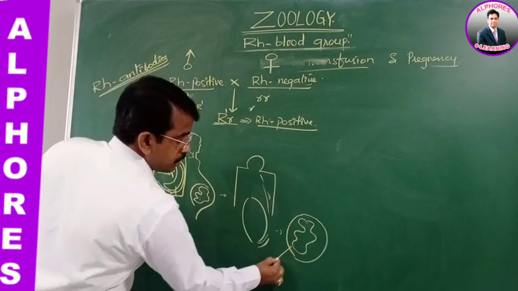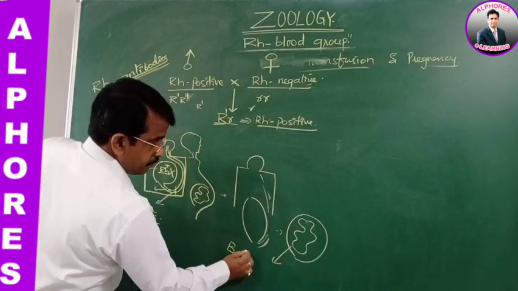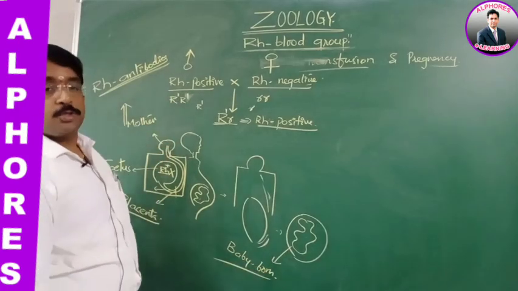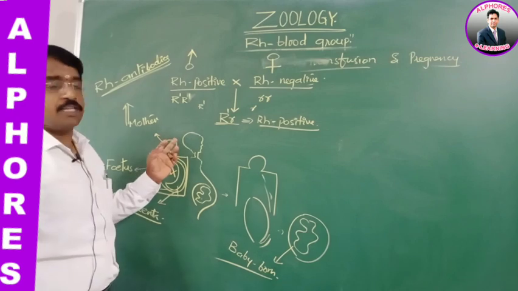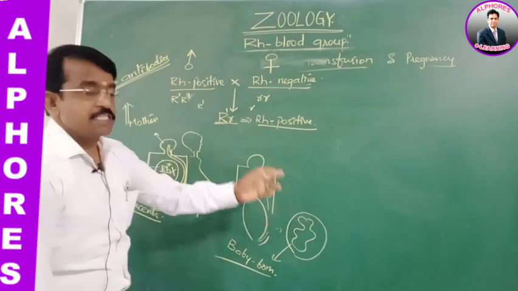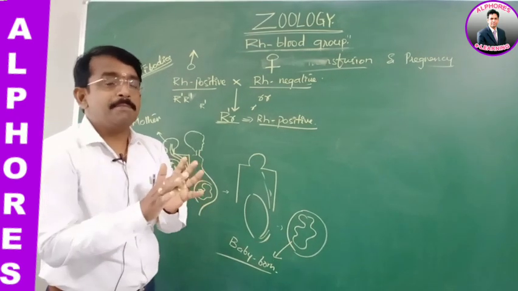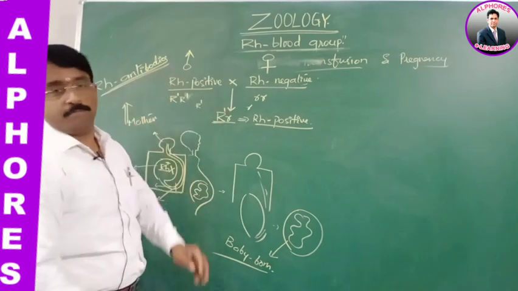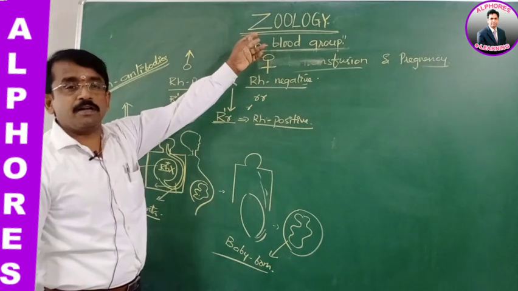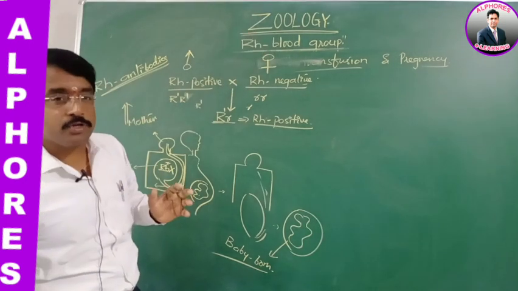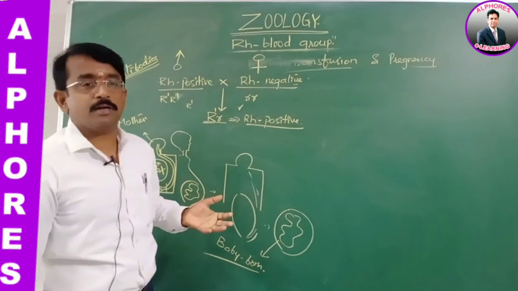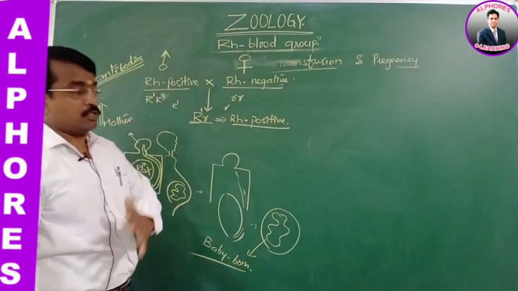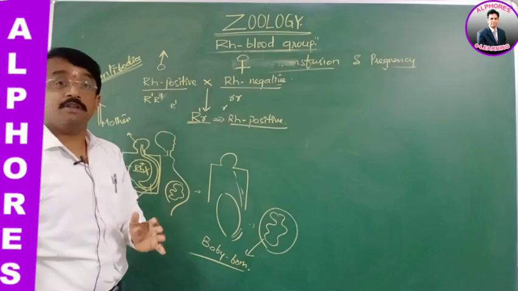The baby born. So before the sensitization of the mother's immune system, the first baby is born. So the first baby is Rh positive but harmless. As we have seen earlier in the case of blood transfusion, the first exposure to Rh antigen is harmless. So the first baby takes birth normally.